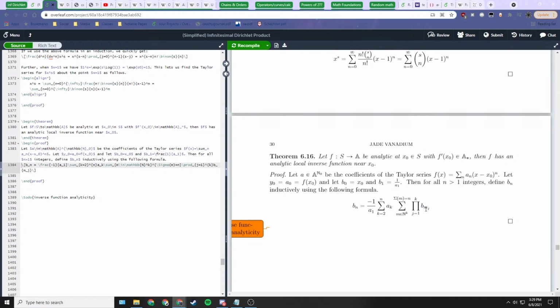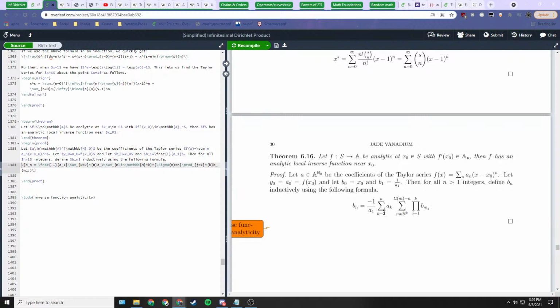They're all greater than 0. So if one of them is n, the rest of them have to be 0, but none of them can be 0, so there can't be any rest of them. So in that case, if any of the m sub j's are equal to n, then we have to have k equal to 1.